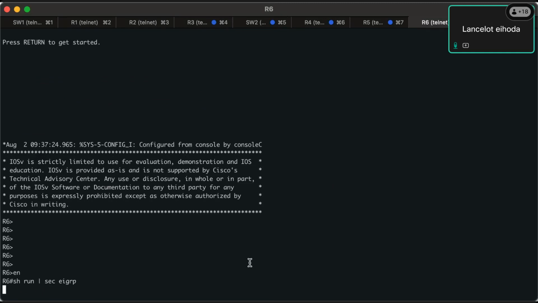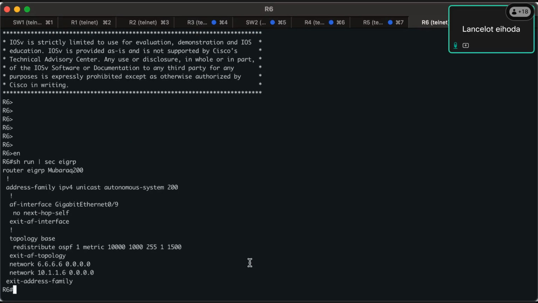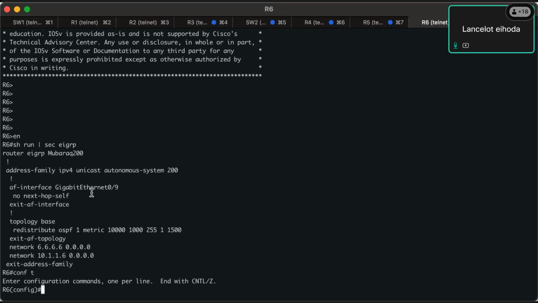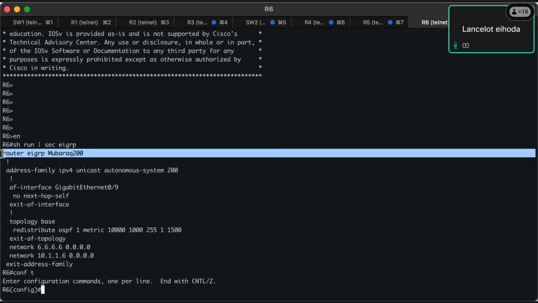And then, you know, the name EIGRP is locally significant, right? You can use one name here, use the other name on the other side, and it doesn't make a difference. It's the AS number that matters. So yes, this is EIGRP 200 here. Can you see it? And the EIGRP 200 is to Mubarak. Where's Mubarak?